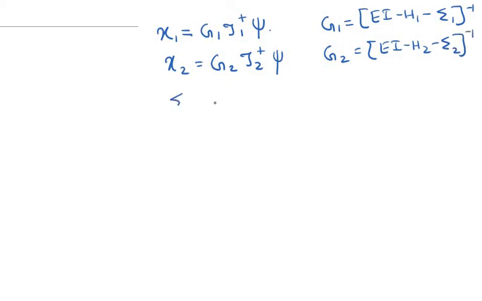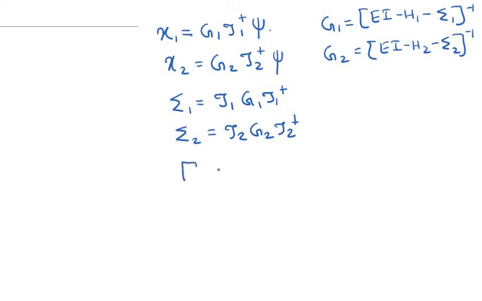Sigma 1 is again tau 1 g1 tau 1 dagger, sigma 2 is tau 2 g2 tau 2 dagger, and just like before we have two broadening matrices, gamma 1 equals tau 1 A1 tau 1 dagger, and gamma 2 is equal to tau 2 A2 tau 2 dagger. So everything is basically the same.